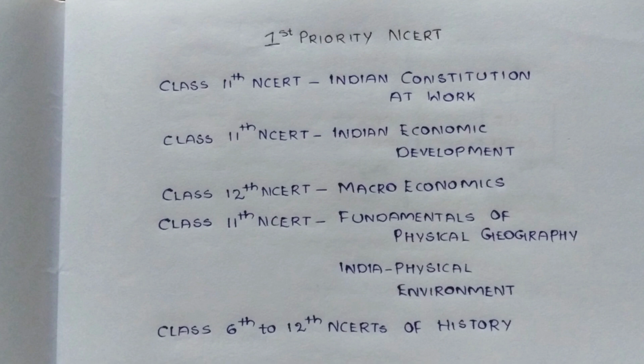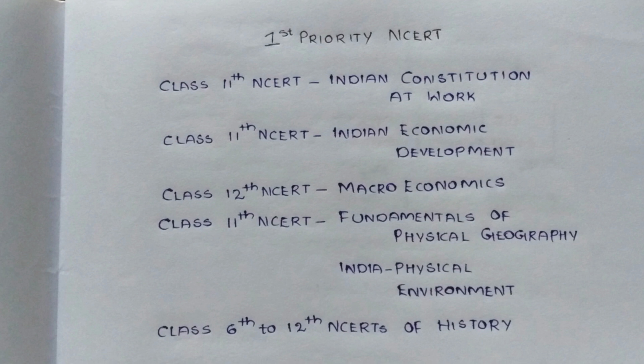So if you see, in first priority I have given NCERT of class 11th Indian Constitution at Work, and NCERT of class 11th Economics Indian Economic Development, NCERT of class 12th Economics Macroeconomics, NCERT of class 11th Geography, Fundamentals of Physical Geography and Indian Physical Environment, and for history from class 6 to class 12.